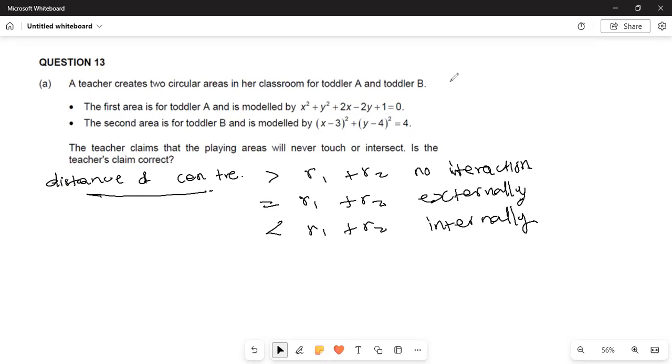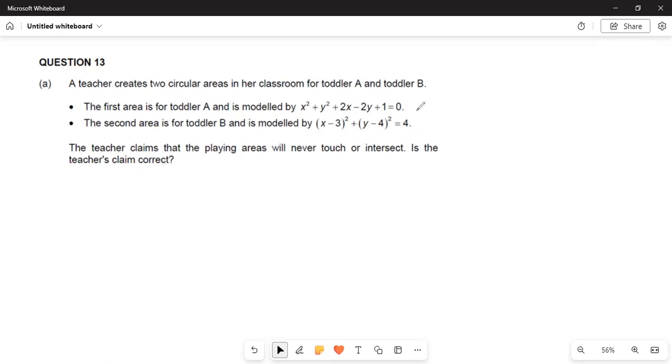So first we need to find the radius. Let's have that as our equation 1. So we have x squared plus y squared plus 2x minus 2y plus 1 is equal to 0. We'll rewrite that equation so that it looks similar to that.